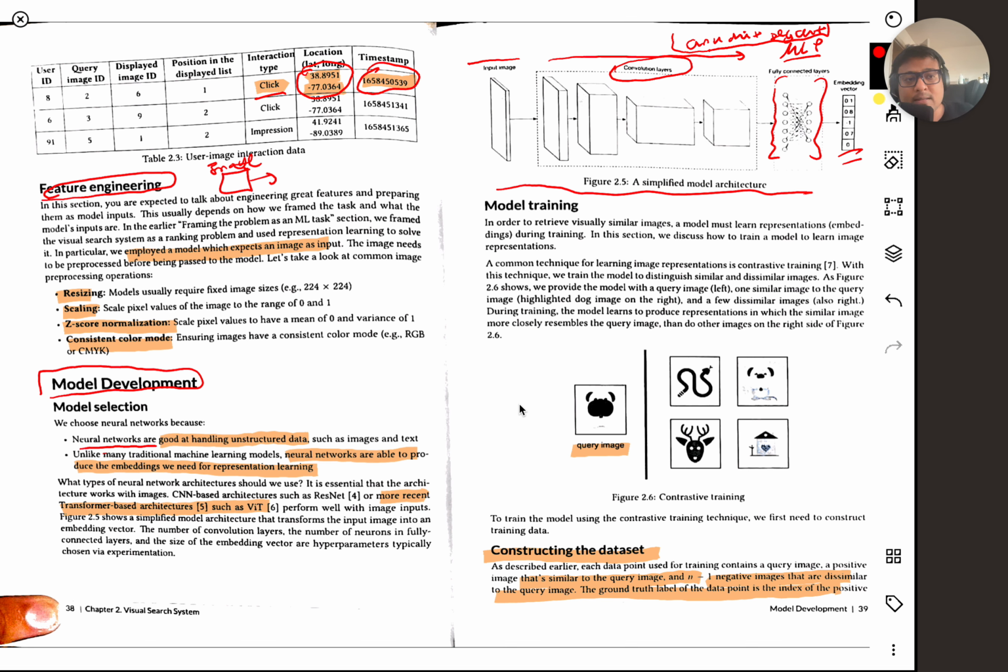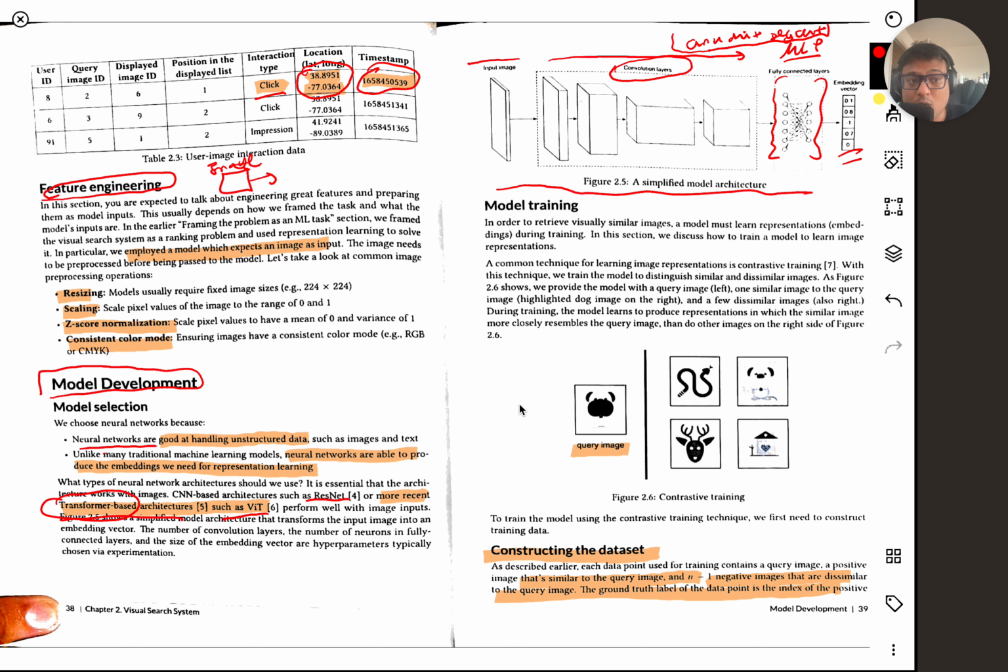But one important key point is that sometimes people ask what sort of neural network we should use. Should we use a transformer, or should we use a CNN like ResNet? Most people in interviews say that we should use transformers because transformers perform as good as CNNs, but that's generally a wrong reply.